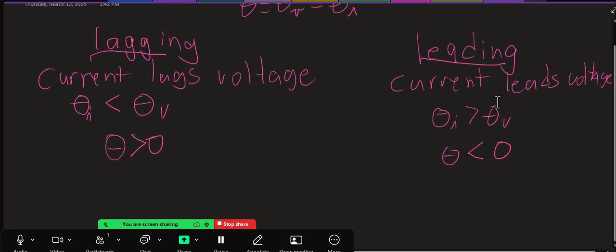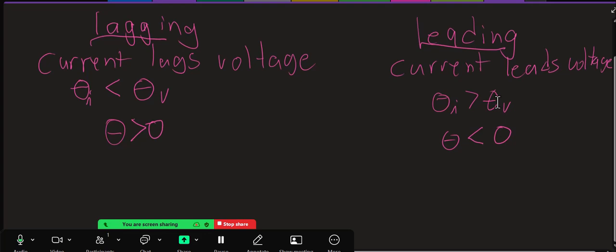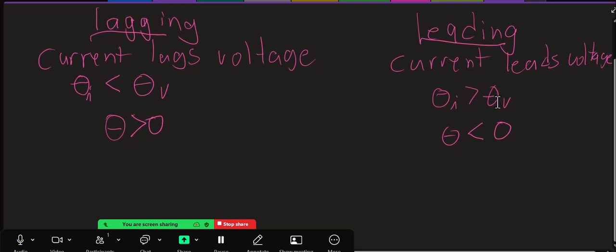So which of these is going to be inductive and which of these is going to be capacitive? Leading is capacitive, because theta is less than 0.